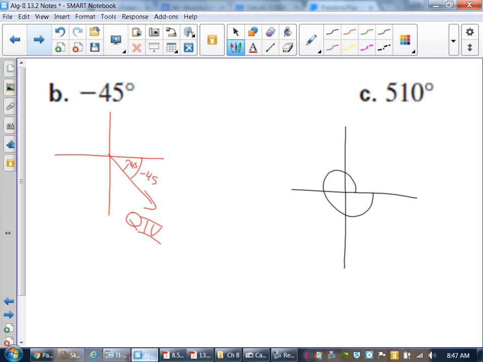That's 150, isn't it? At 360, I'm basically starting over at 0, so I go back to 150 degrees, past 90, and now how far off would I be from 180 degrees? I'd be off 30 degrees here, and here's my 510. But what quadrant did that put me into? 2.